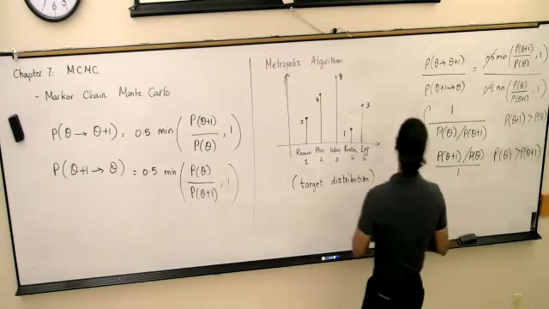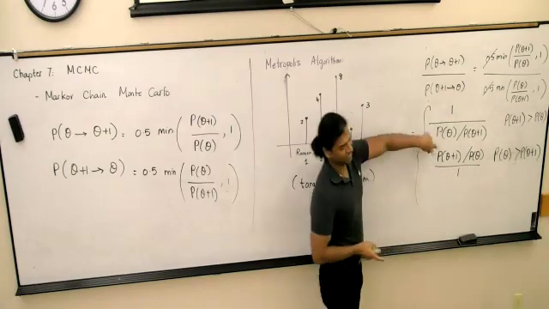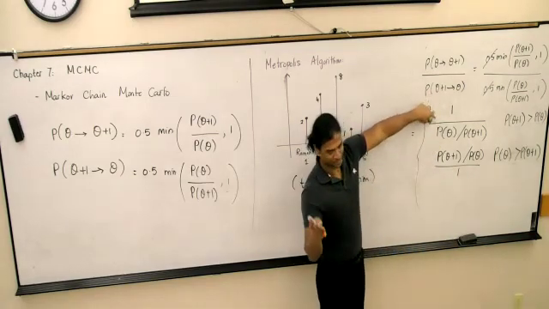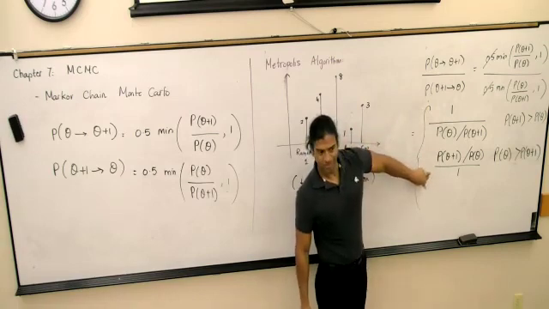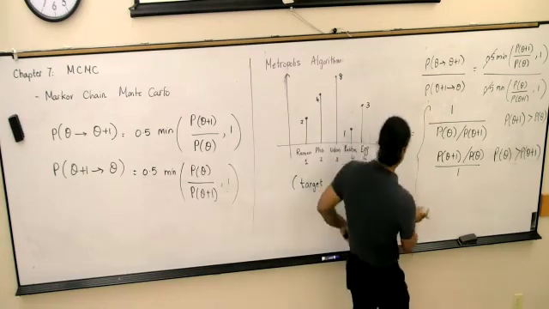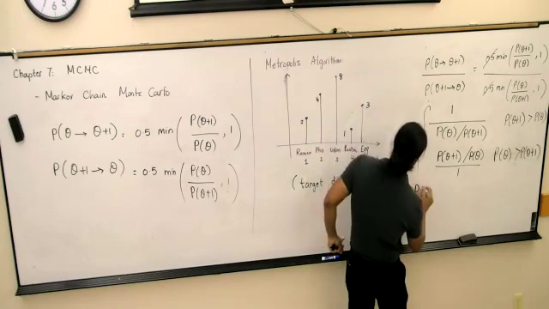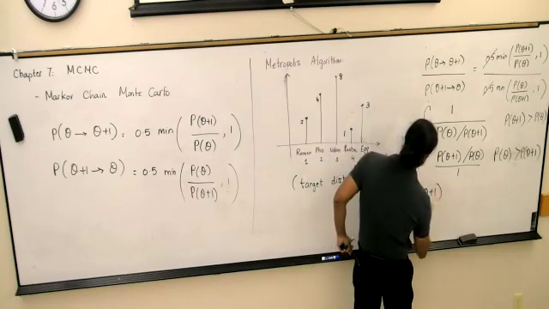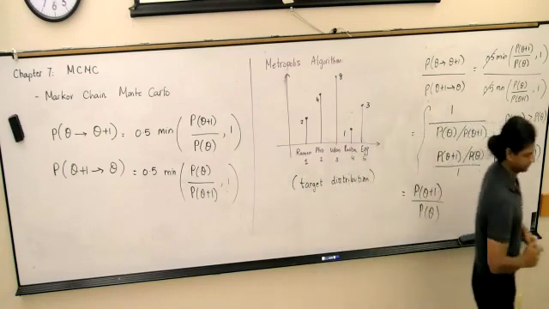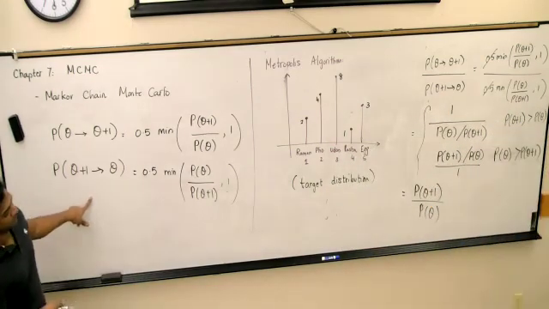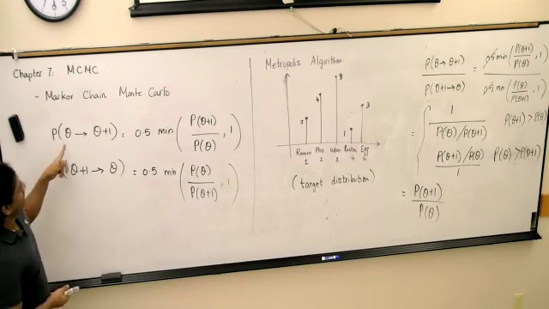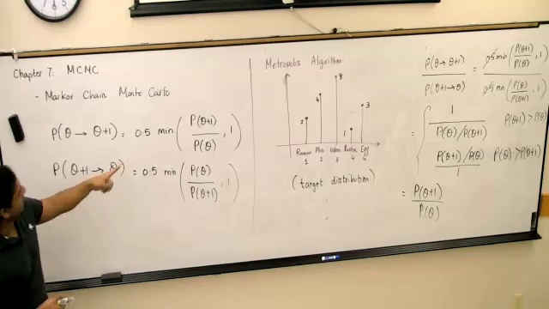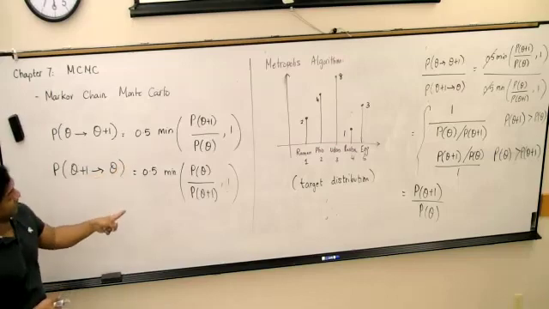So if I rewrote that, the first case is P of theta plus 1 over P of theta. Same here, P of theta plus 1 over P of theta. What would the probability of staying be if moving from theta to theta plus 1 is that, and theta plus 1 to theta is that?